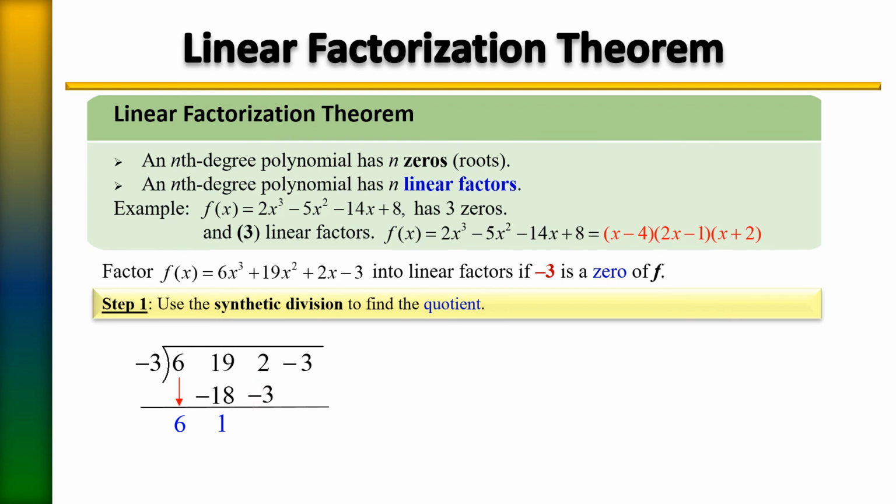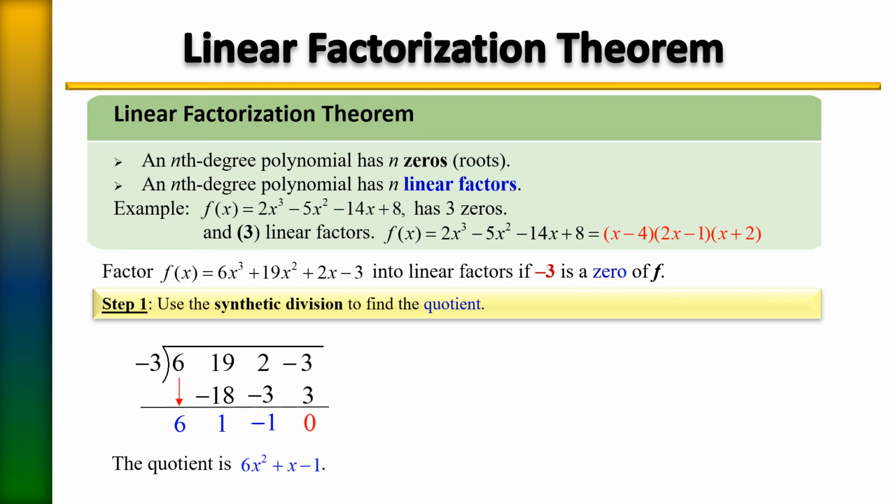Bring down a -1, multiply that with -3 to get +3. Bring down a 0, and we already knew that we were going to have a 0 because we were told that -3 was a 0.